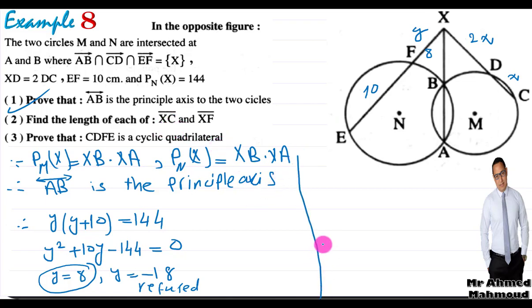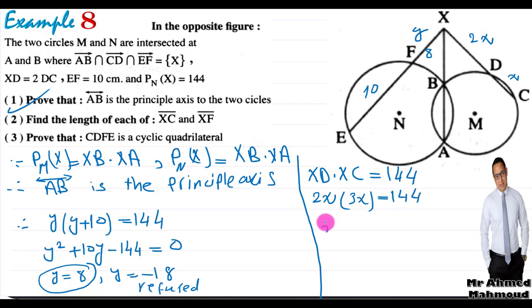The second part, to find XC. Here XD times XC also equals 144. So 2x times 3x, because XC equals x plus 2x, equals 3x, equals 144.